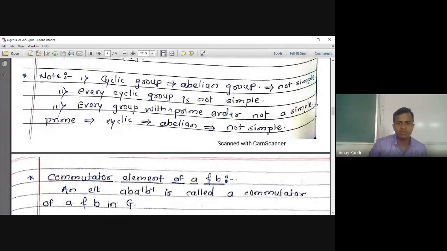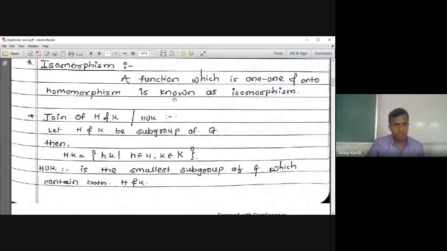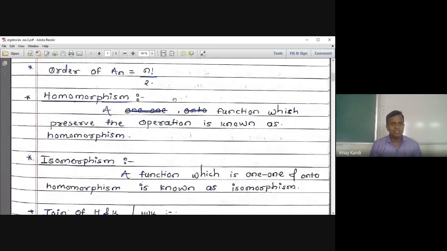So once again, good afternoon all. Now what is meant by homomorphism? A function which preserves the operation is known as a homomorphism. Which preserves the operation means what?